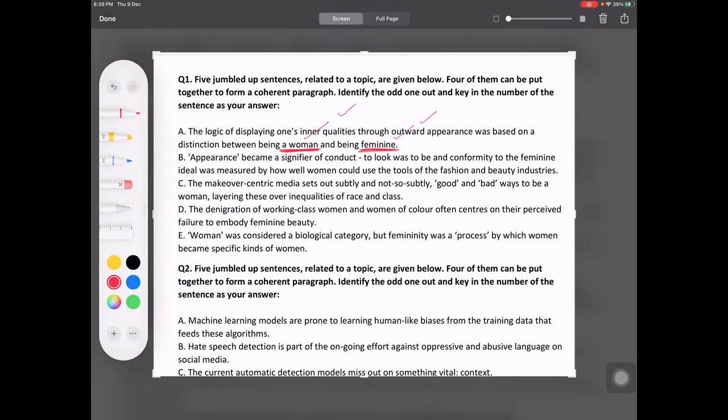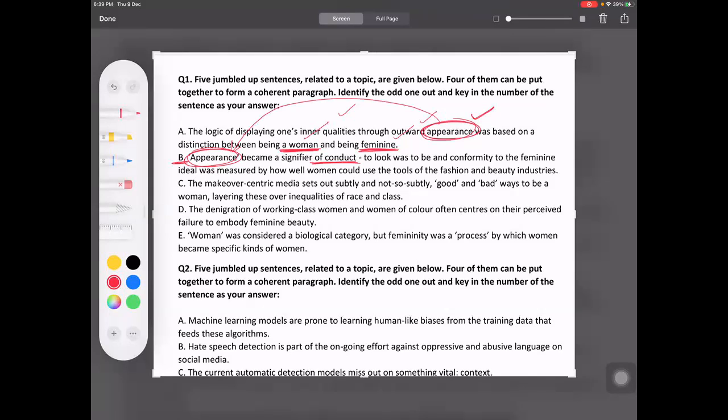So they are talking about appearances in both aspects. B option says appearance is a signifier of conduct, right? So whatever the first sentence was saying about the appearance of being a woman and being feminine, those are different qualities in the two topics. They're focusing on the appearance part, that it is a very important signifier of conduct.